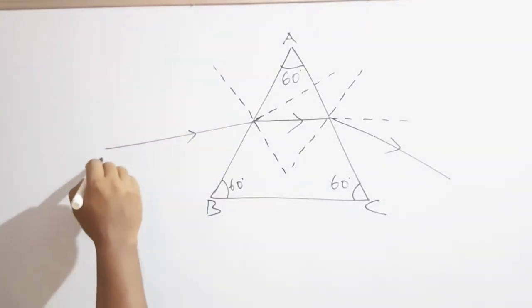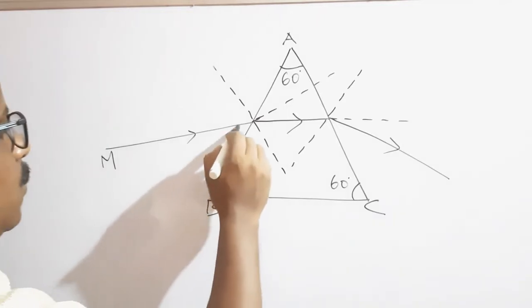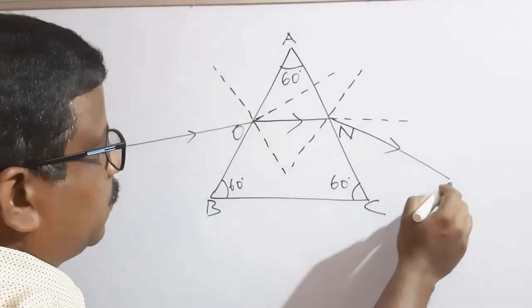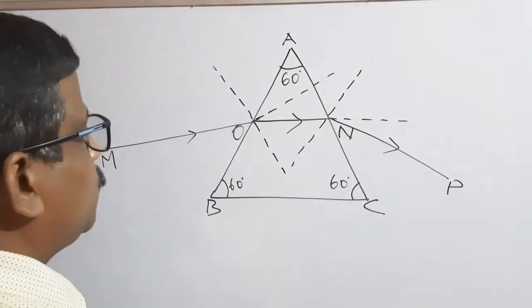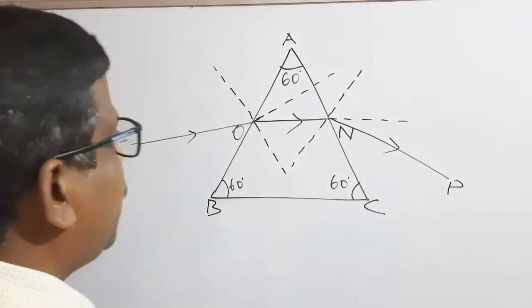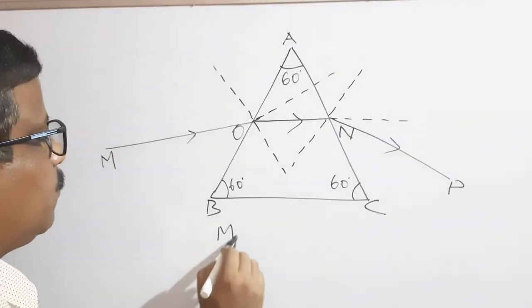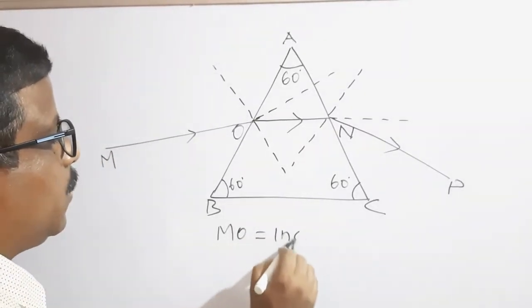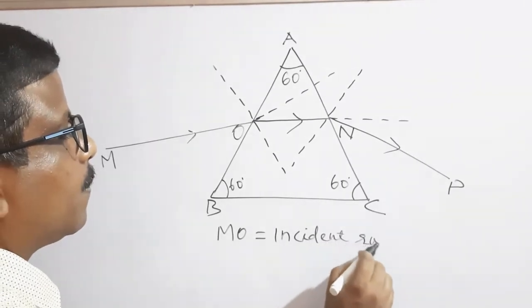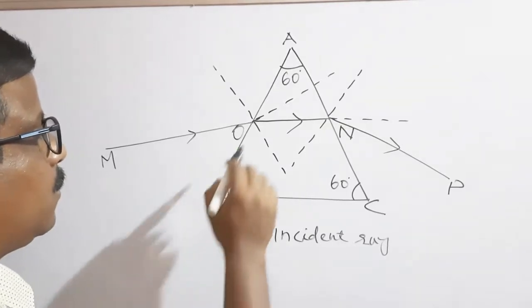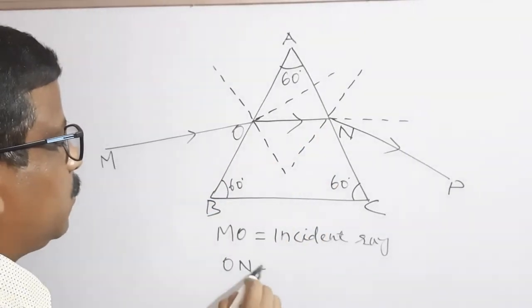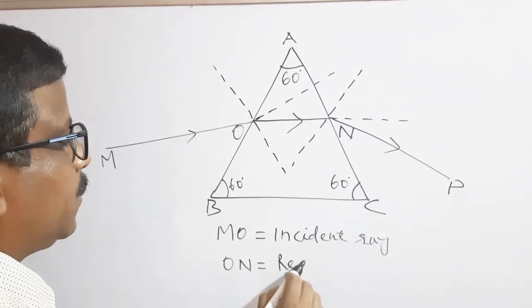Now give the names here, suppose M, O, N, P. Here MO is called the incident ray. ON is called the refracted ray.